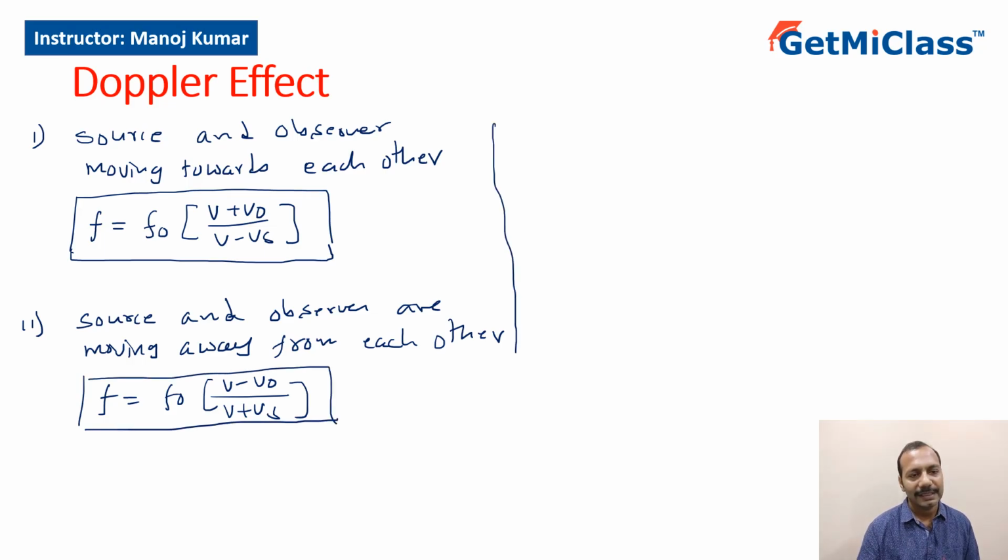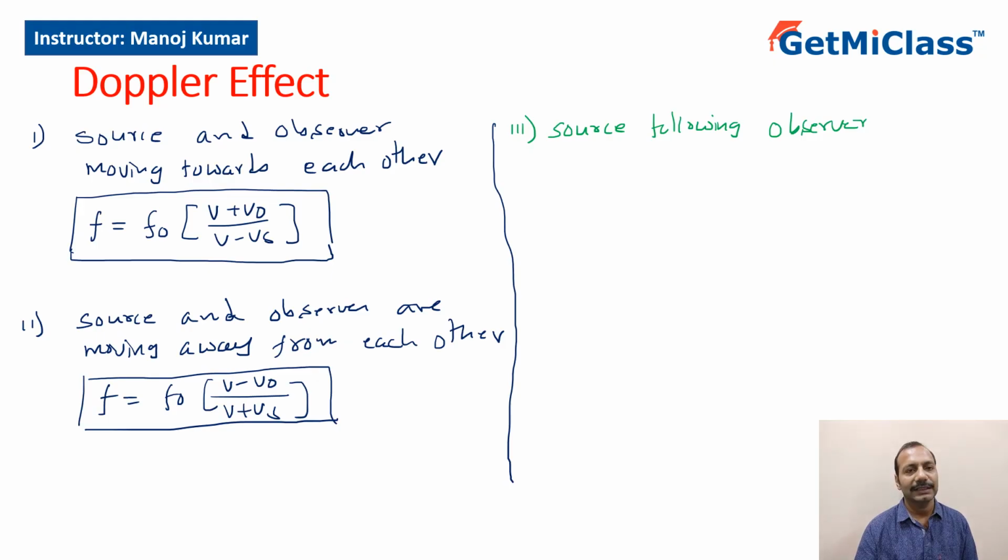Now the next case, I can say source following observer. Source following observer means the observer is trying to go away and the source is trying to catch up with the observer. So the motion of the observer is trying to increase the separation and the motion of the source is trying to decrease the separation.